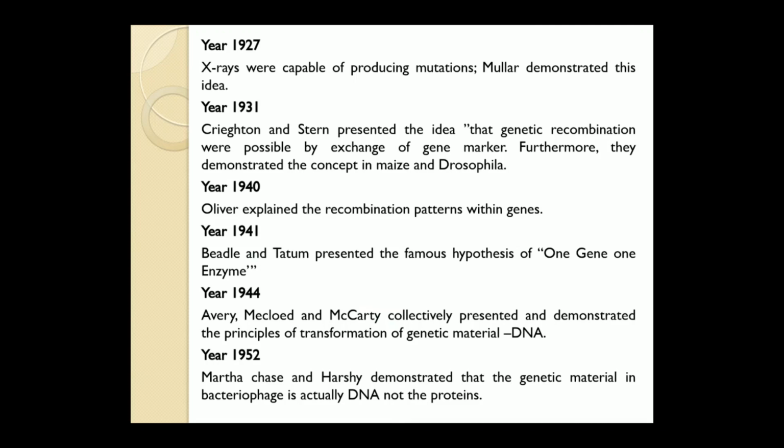In 1944, Avery, MacLeod and McCarty collectively demonstrated the principle of transformation of genetic material, which is DNA. They were actually able to prove that DNA is our main genetic material.